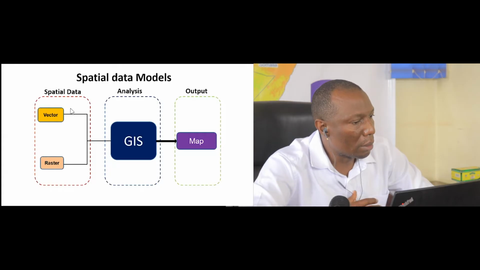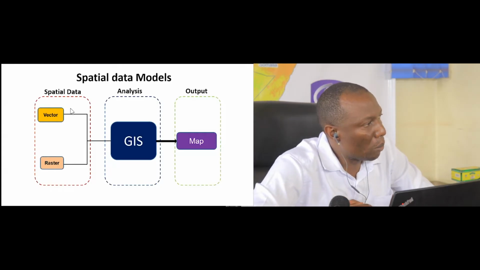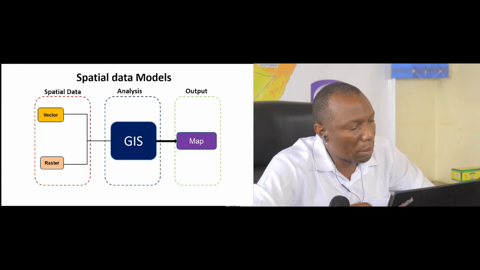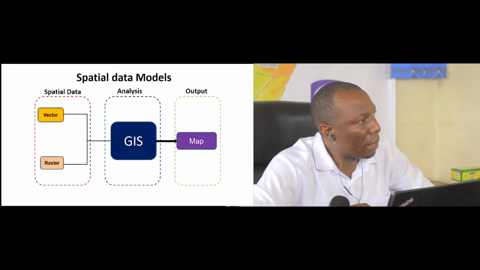But what is critical in GIS is it's not about being on a desk and doing what you want; you have to get observations and then validate. So in GIS, we work with data models. The major ones are vector and raster data models.